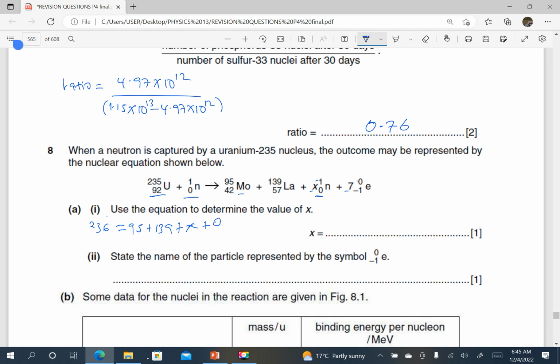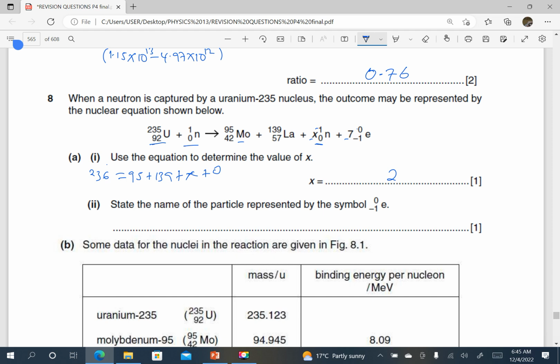So what is X? Just make X the subject, I'll subtract 236 minus 95 minus 139, and I find my X as 2. So there are actually 2 neutrons being emitted.